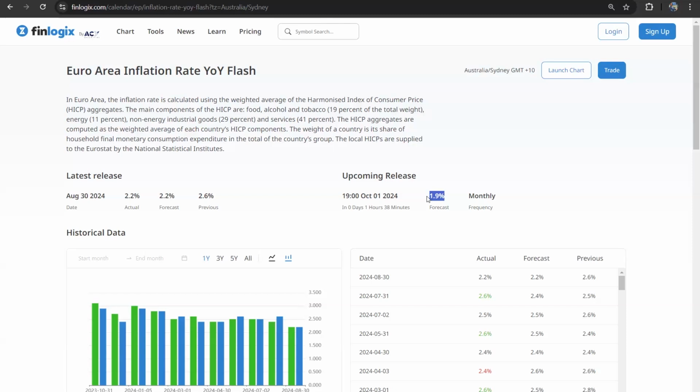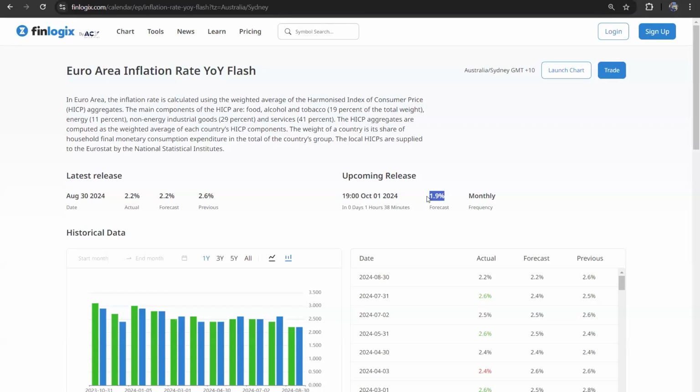So it makes me think, should this inflation be higher and then in the next meeting they're going to pause? Or should this inflation be lower and then in the next meeting they're going to cut another 25 basis points? All right.